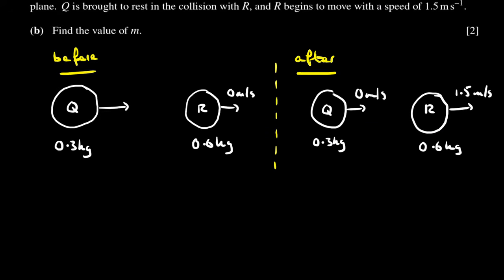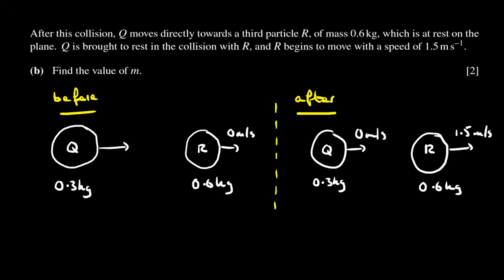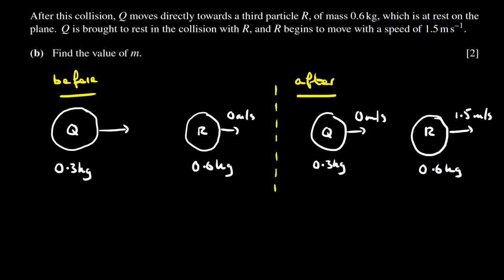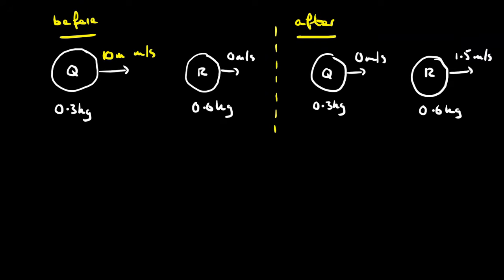Well, we're just doing the same thing, basically. So we now know that Q is moving with a velocity of 10m meters per second. So let's label that on. So the momentum before is equal to 0.3 times 10m, so 3 upon 10 times 10m, plus the momentum of R after, which is 0.6 times 0, so that's just 0.